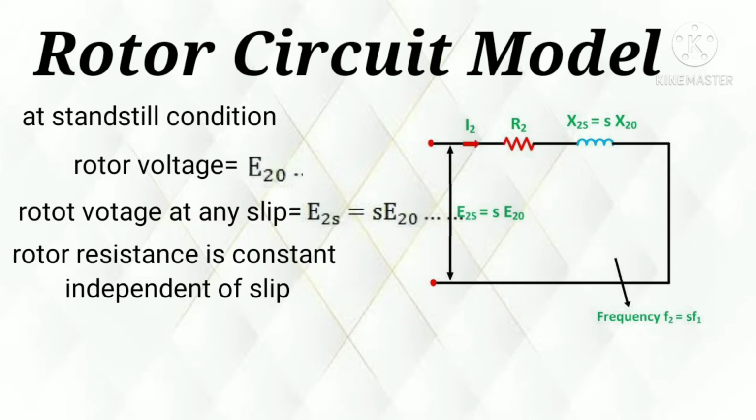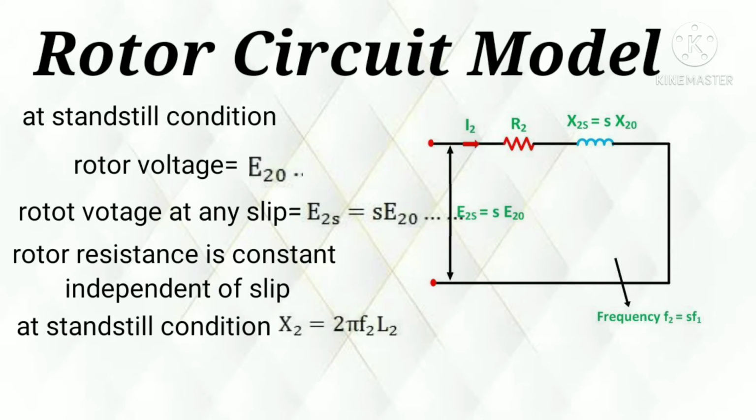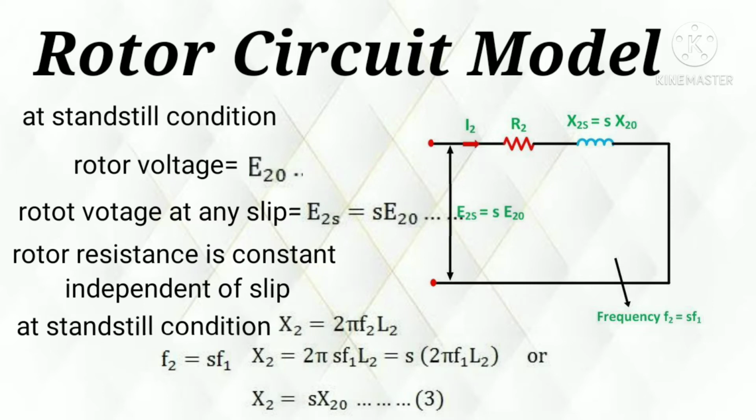If L2 is the rotor inductance, the reactance is given by X2 equal to 2 pi f2 L2. As we know, rotor frequency is equal to s times the stator frequency, that is f2 equal to s f1. Therefore X2 will be 2 pi s f1 L2, that is s into 2 pi f1 L2, that is equal to s into X20.